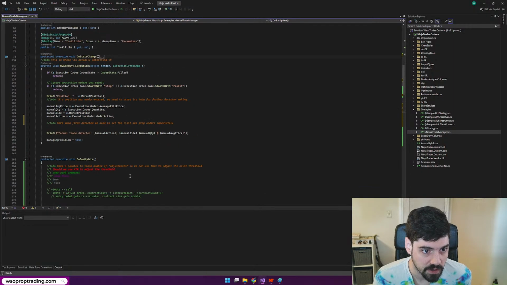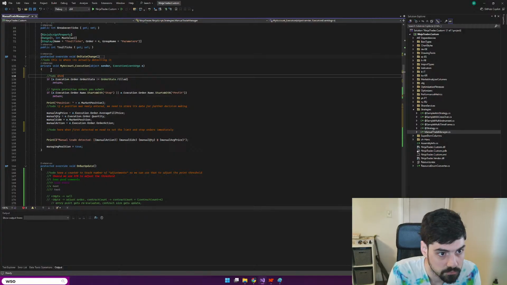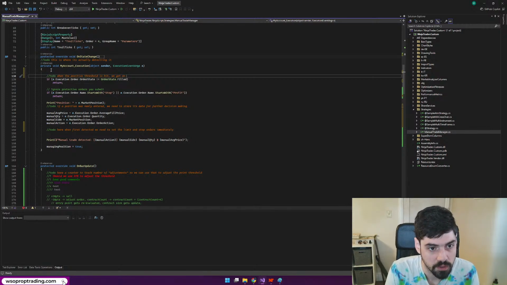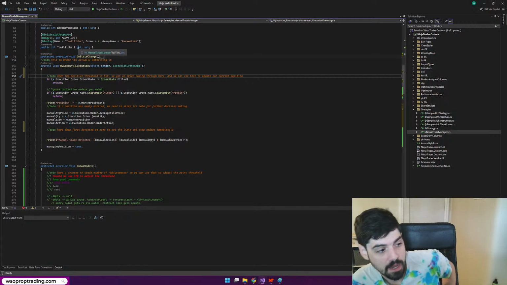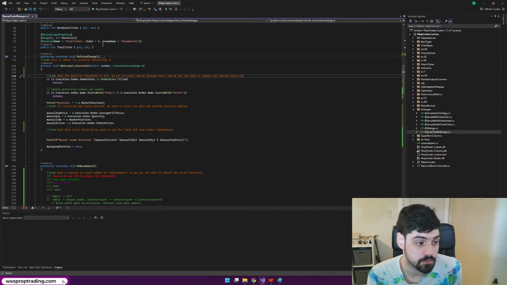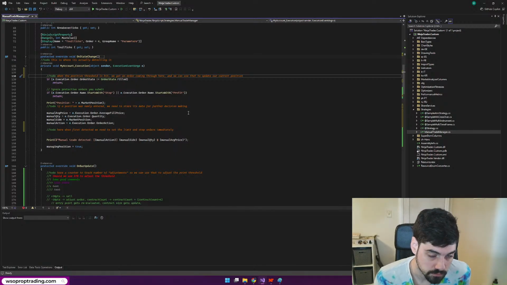What's going to happen is if it gets hit, yeah, when the positive threshold's hit, we get an order coming through here. And we can use that to update our current position, right? So what's going to happen is threshold passes, we have the order already on the market, so that order gets hit.